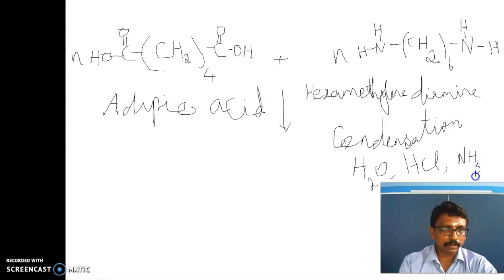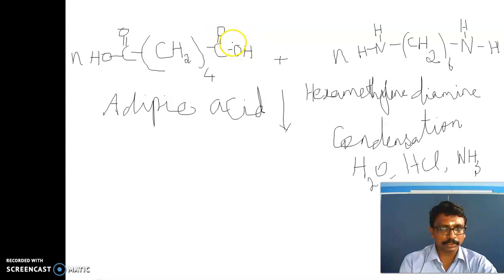So the water molecule can be removed, the HCl can be removed, or ammonia can be removed. This is the condensation reaction. So here also the same, the water molecule is removed.